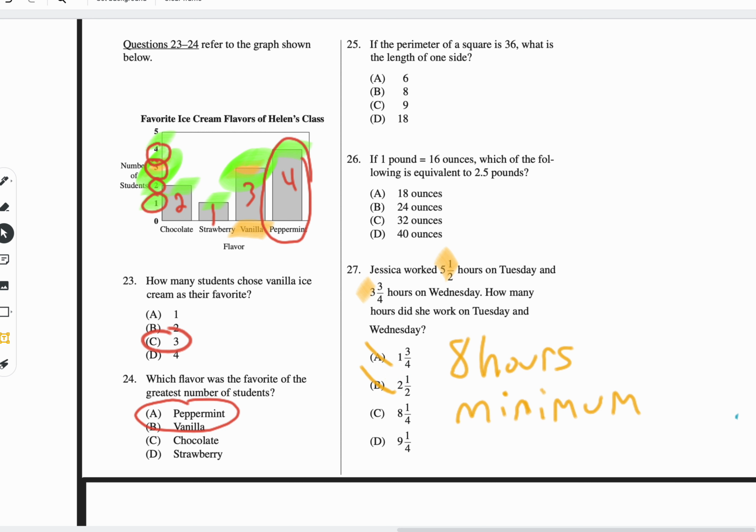When we add mixed numbers, we need to make sure that the fractions have a common denominator. Here we'll add 3/4 plus 1/2.